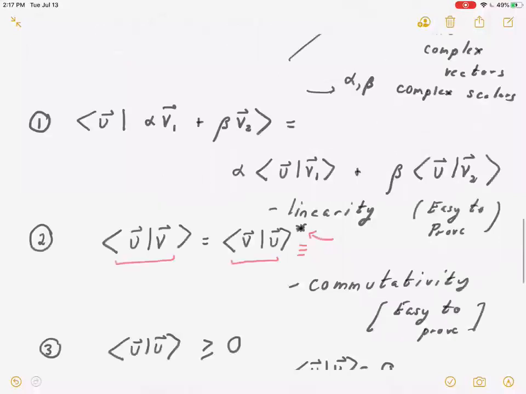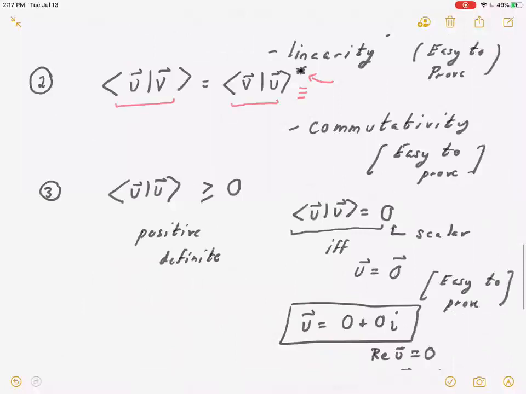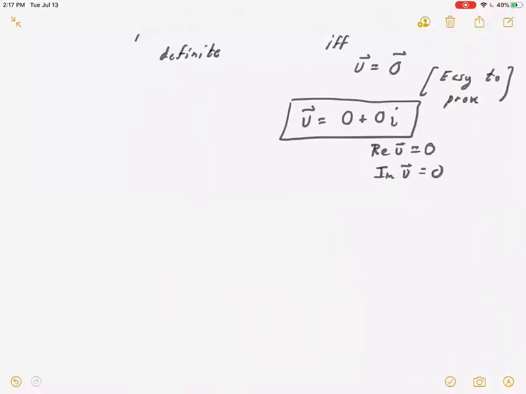Okay, so I'm looking at properties of an inner product of complex vectors. So I have a lot of machinery already set up. And I can discover some other interesting properties. So what I want to do is start with equation 1. I'll rewrite it again.